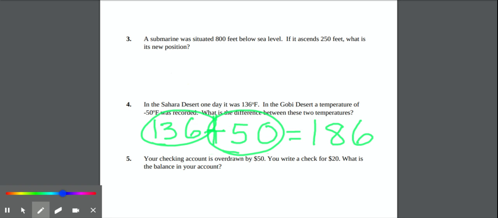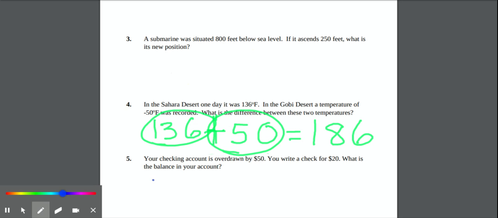Next one says, your checking account is overdrawn by $50. You write a check for 20. What is the balance in your account? First of all, you're going to have some charges on top of this, but we're not getting into that right now. Your checking account is overdrawn by 50.